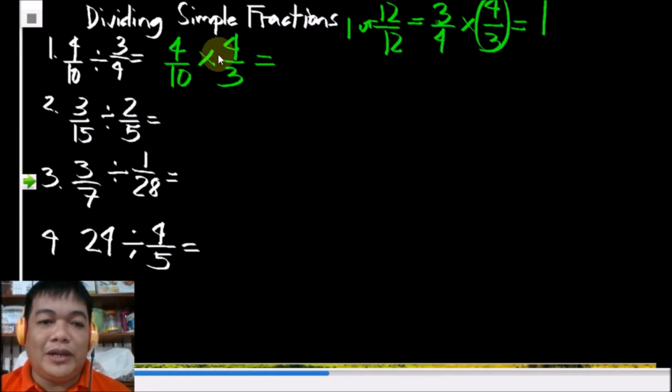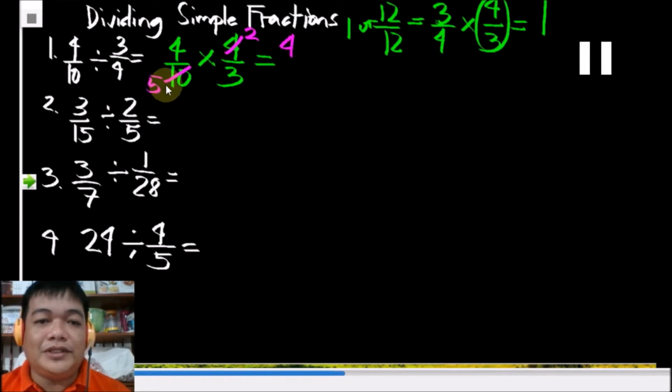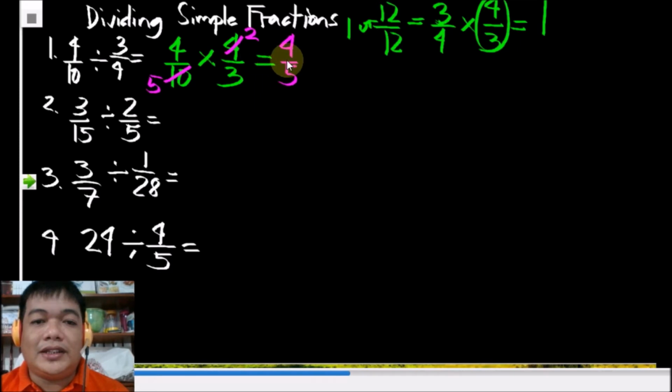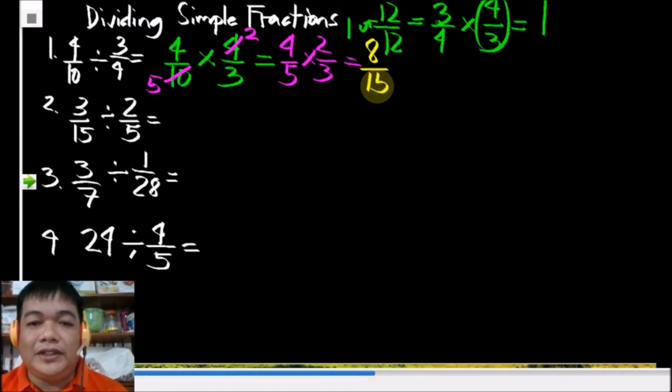Divide them by 2: 4 divided by 2 is 2, then 10 divided by 2 is 5. Then proceed to multiplication. Rewrite the new fraction, which is 2/5 times 4/3. Multiply them: 2 times 4 is 8, 5 times 3 is 15.